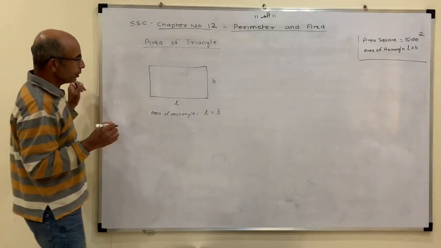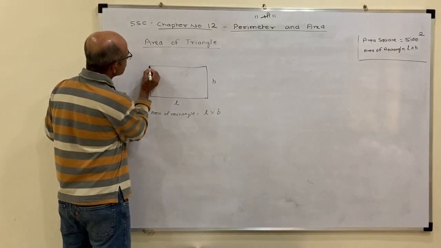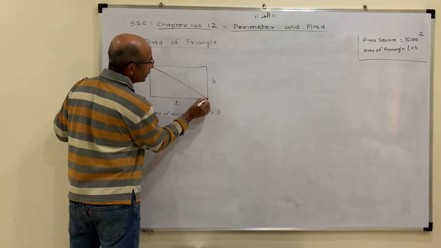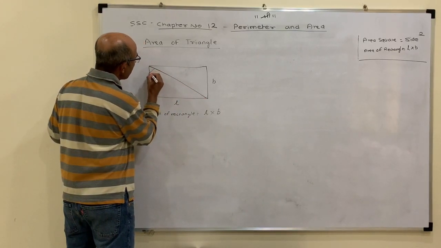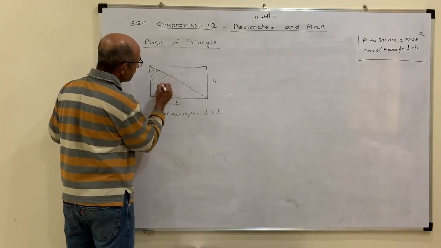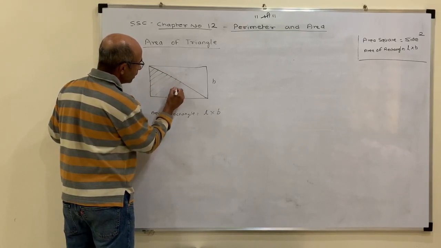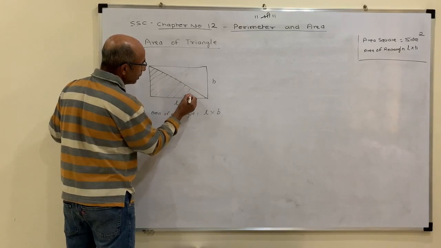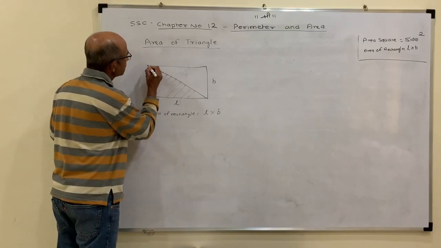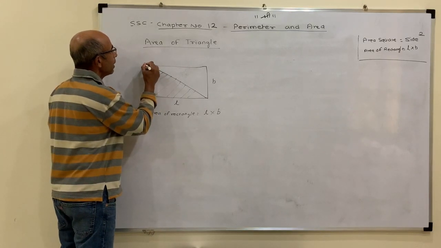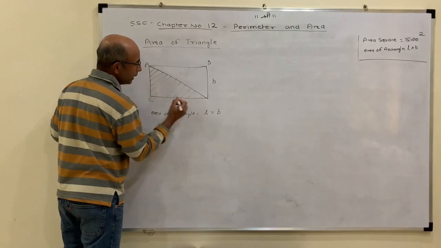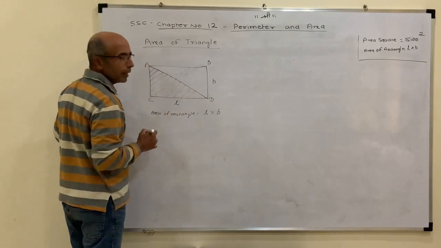right? So now if I join these diagonals opposite and if I try to find the area for this part, say A, B, C and D is my rectangle.